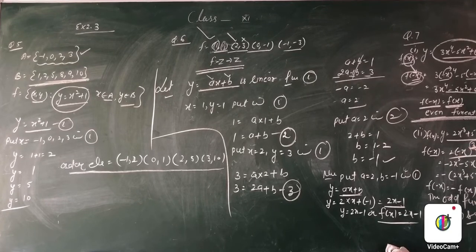So we write -2x^3 minus 5x. Now we take the negative common, we get -(2x^3 + 5x). This is the same function we were given. It means f(-x) is not equal to f(x), but the negative sign is common, so the function changes with its sign. Then this is your odd function, and the third and fourth parts are the same.